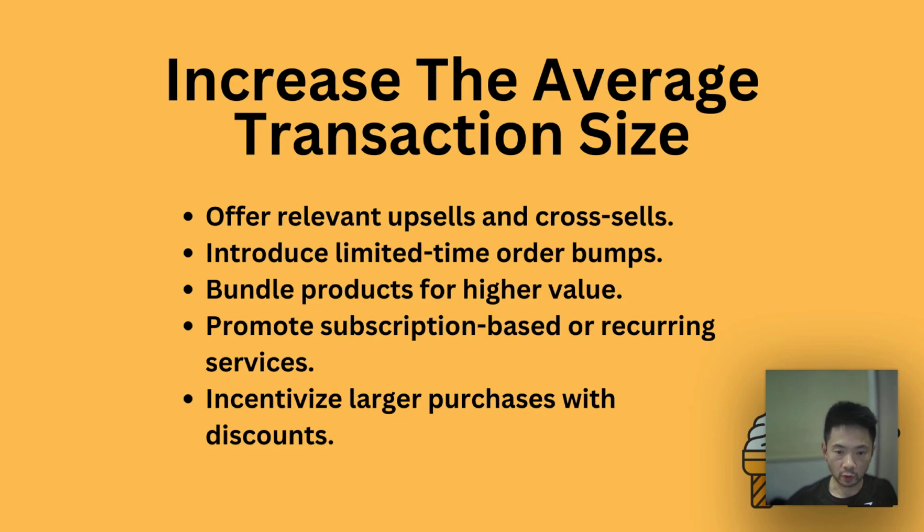They also could introduce order bumps such as an upgraded finish at a discounted price if the customer decides quickly, something like that. Another way to get customers to spend more is to bundle products together. For example, offering a complete dining set at a lower price, which would be cheaper than if they were to buy the pieces individually.